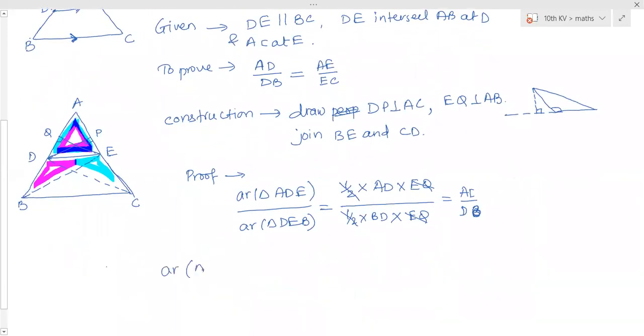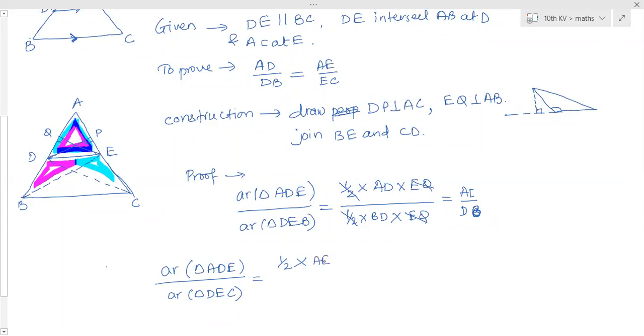Area of triangle ADE by area of triangle DEC is equal to half. Now for triangle ADE, AE can also be the base. AE will be the base and DP will be the height.